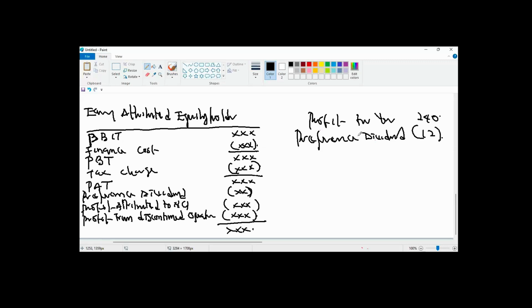Non-controlling interest share of profit. Profit attributed to NCI, yes, 32. Okay. No profit from discontinued operation.